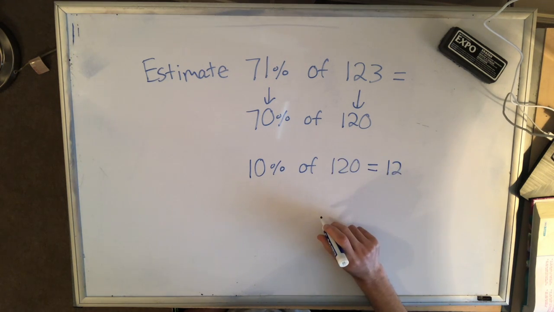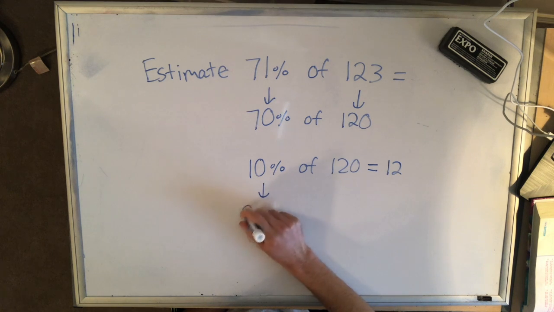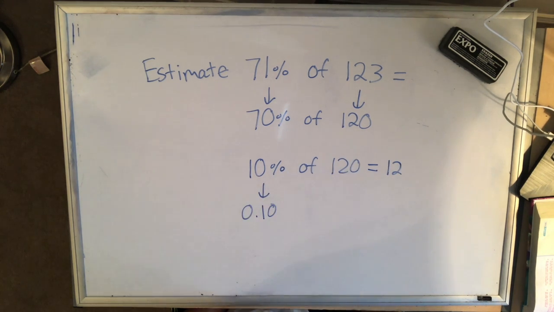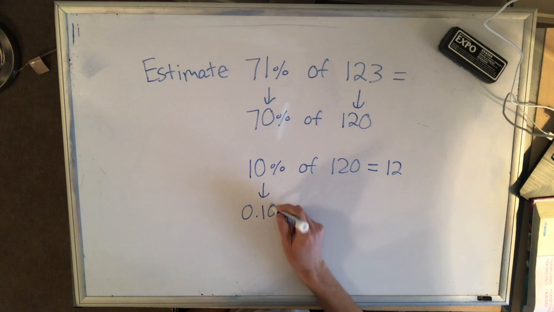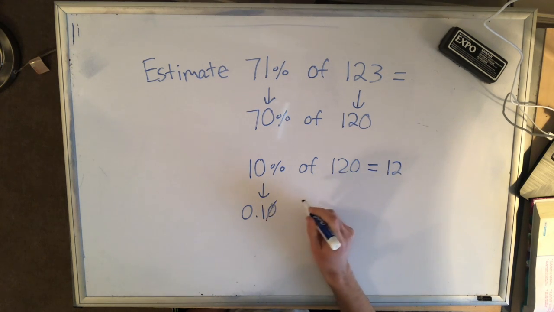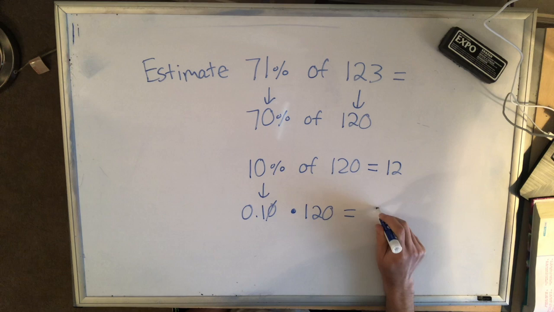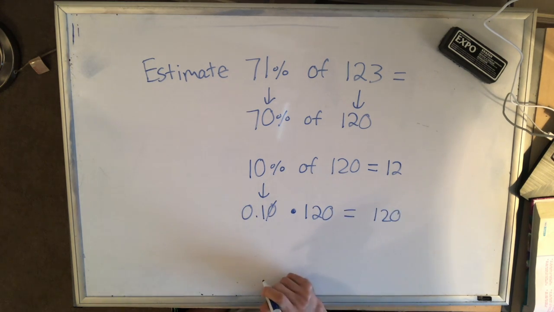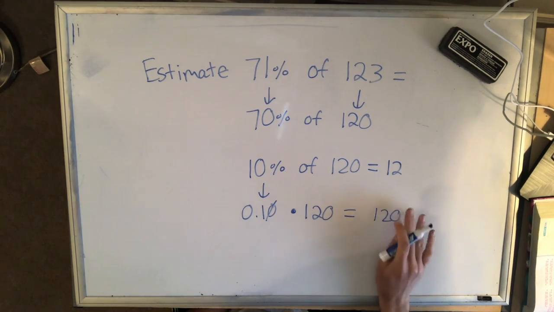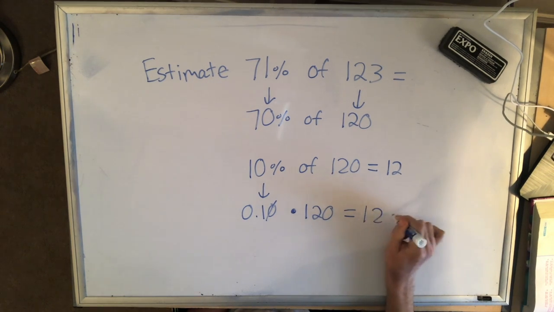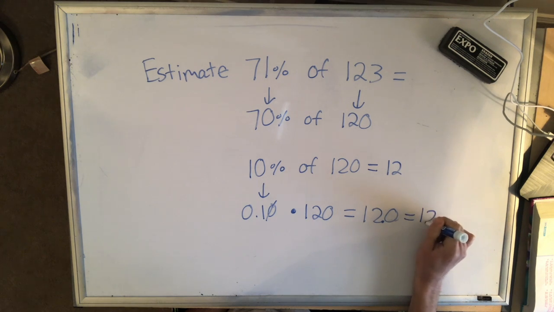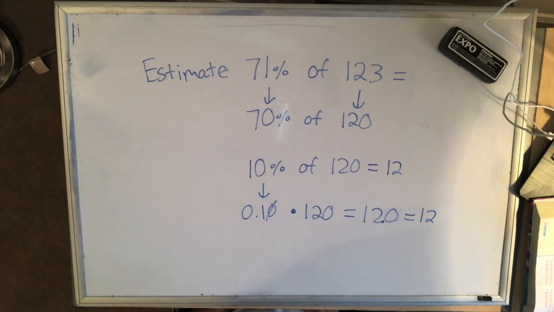Right? 10% is 0.10. The zeros at the end of decimal numbers do not affect the value, so get rid of that 0 at the end. So that's 0.1 times 120. 1 times 120 is 120. There's 1 decimal place total in the multiplication problem, so we need 1 decimal place in the answer. So that's 12.0, which is 12. So 10% of 120 is 12.